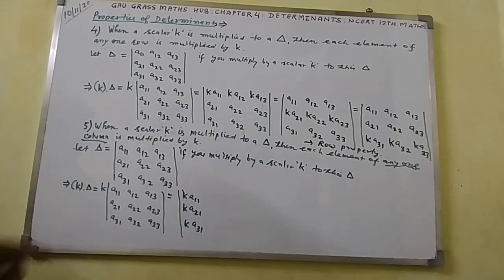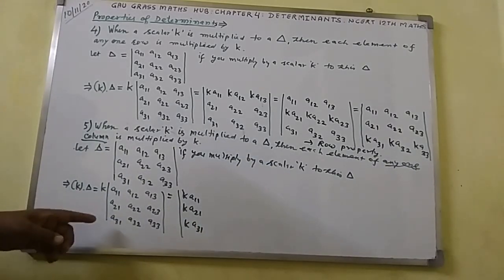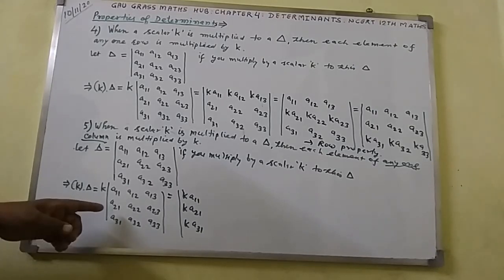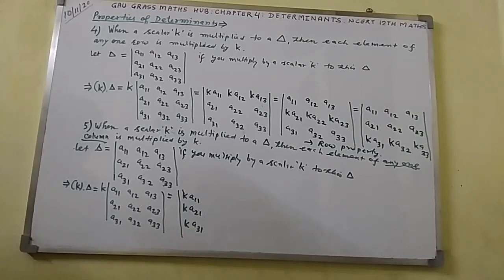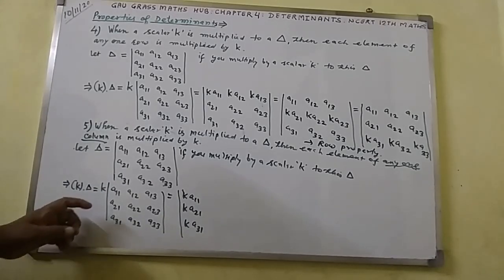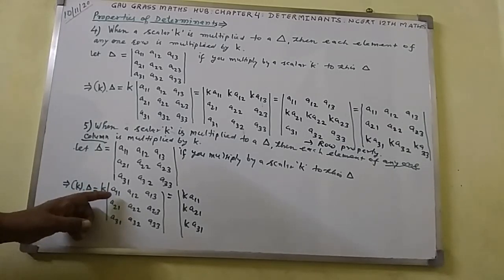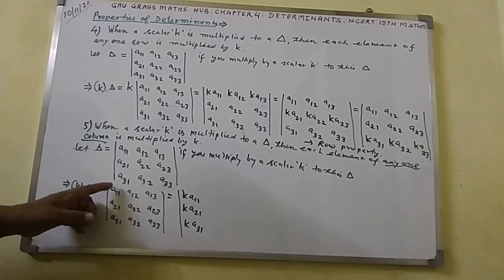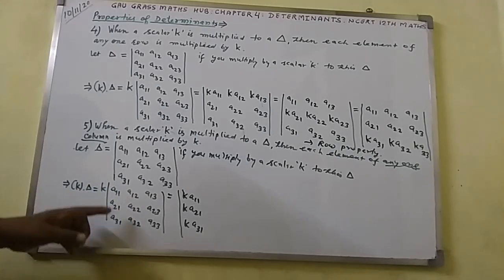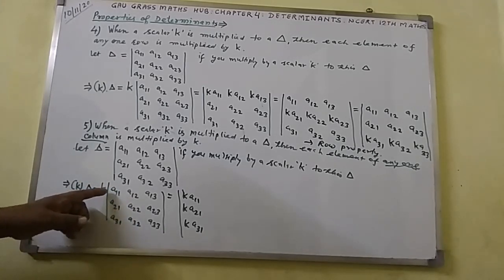So here you can see each element of any one column. In this determinant, I have taken only the first column. So each element of the first column will multiply by the scalar k.